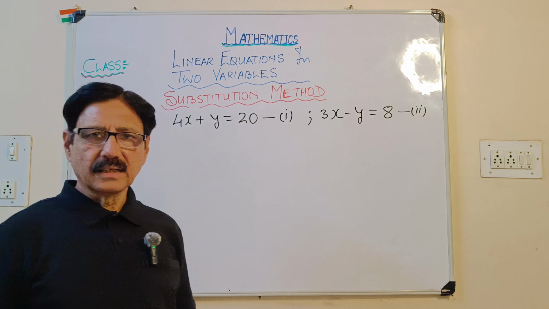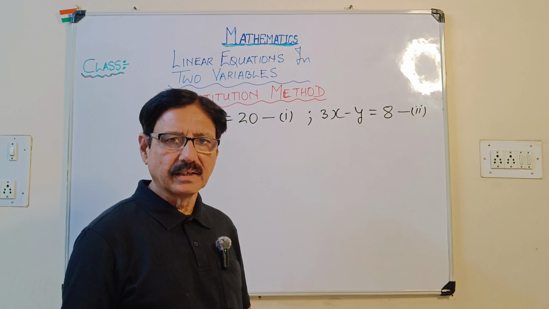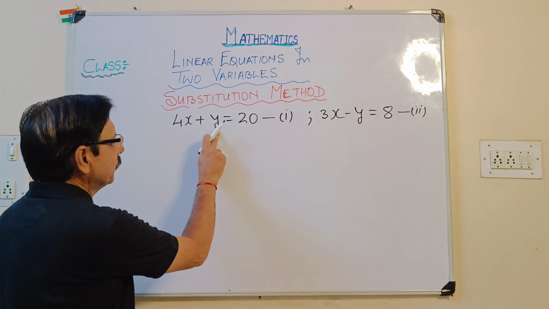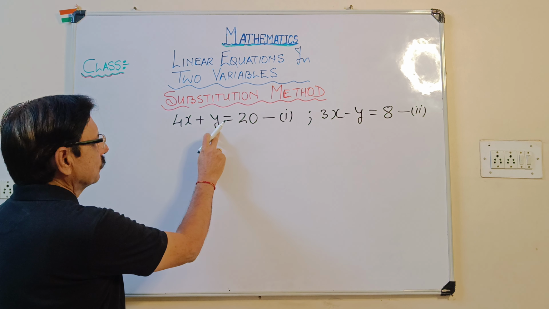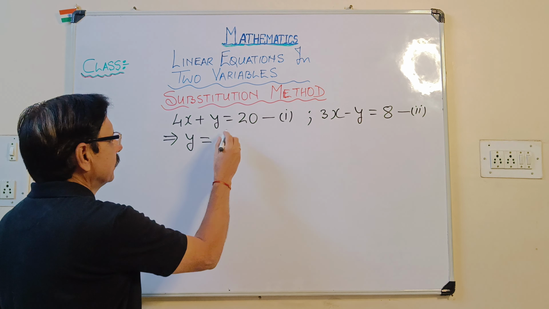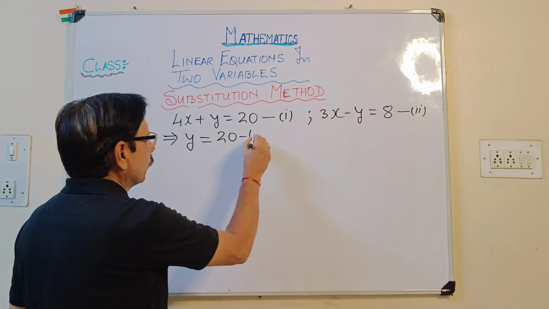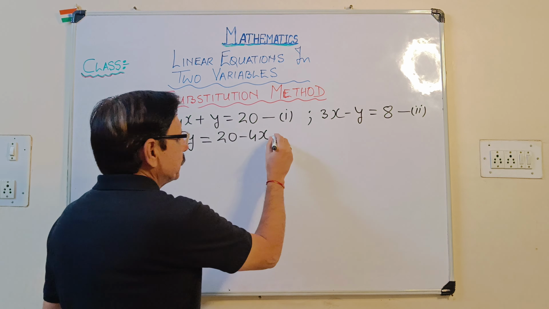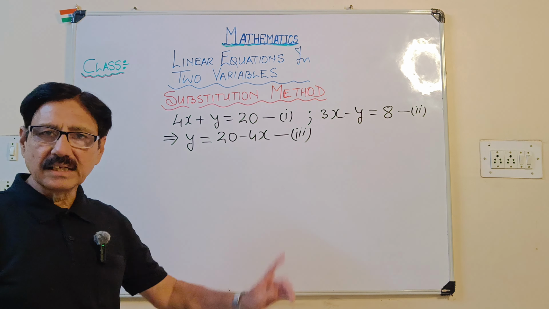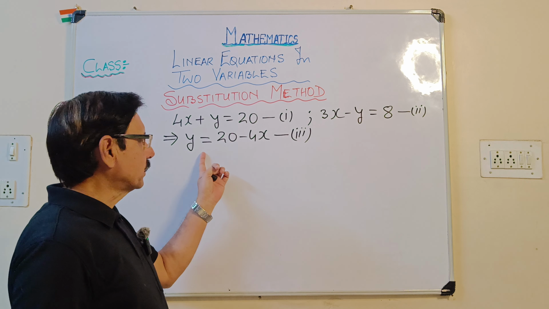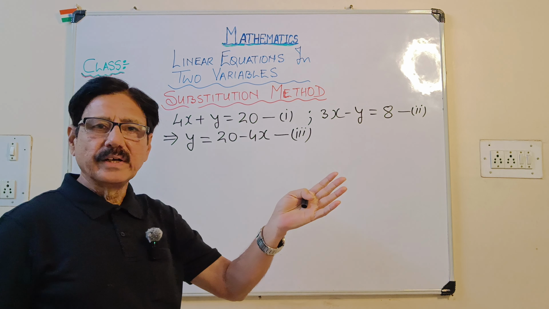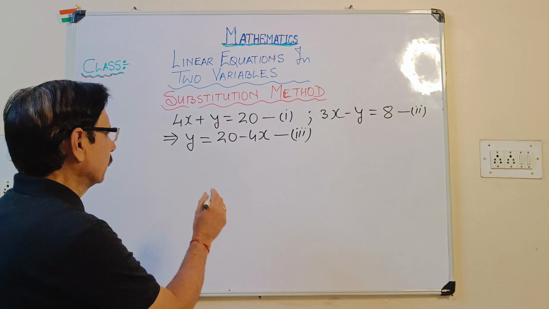So again, by the same method like we solved the first example, first the value of y we can find out from the first equation. So we'll solve it in y this time. So it will be 20 minus 4x. Now this we can consider as the third equation. Now from third equation the value of y we will put in the second, like we solved the first example.